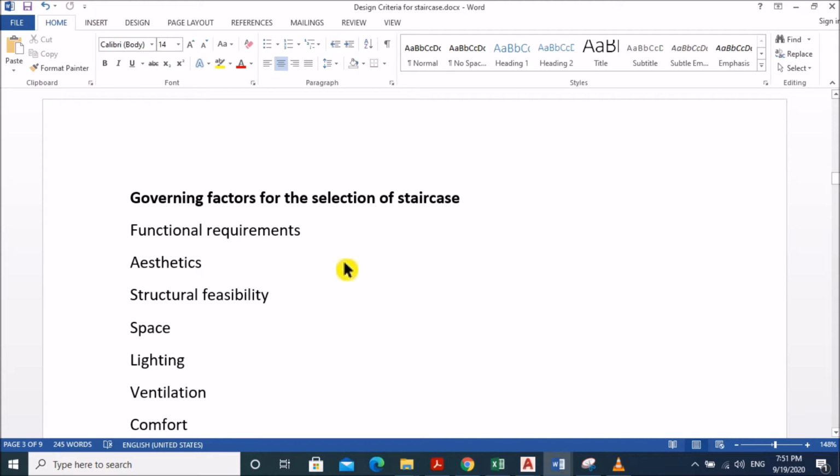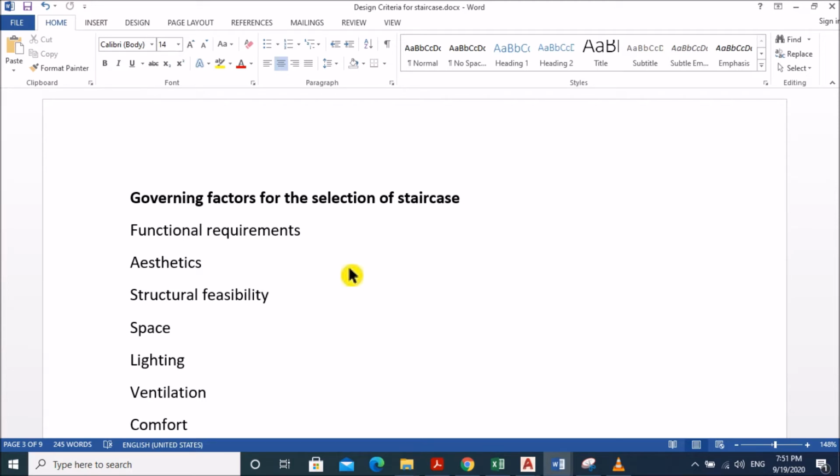So the live load of these grains and foods has to be considered when designing the staircase. In a factory or any commercial purpose, people may carry some heavy equipment or parts when they travel on the staircase, so the live load should be selected accordingly. So functional requirement is one of the most important parameters.